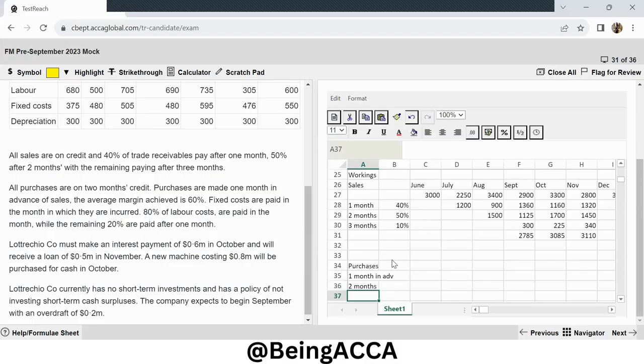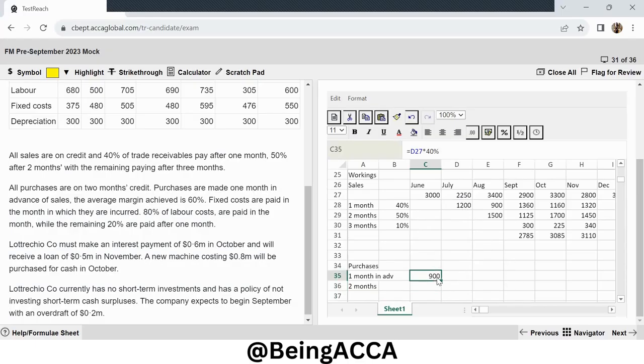So first of all, I'm going to be taking 40% of the sales. First of all, we'll buy for the month of, we are buying 1 month in advance. So for the month of July, I'm going to be buying in the month of June. So this will be the 40% of this, and we are getting a credit of 2 months, right?